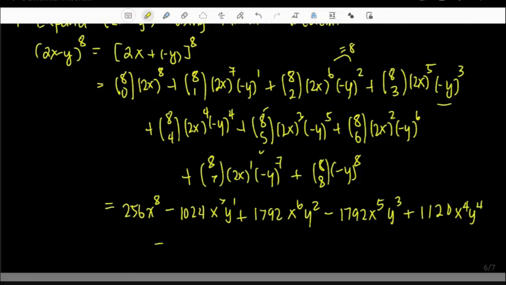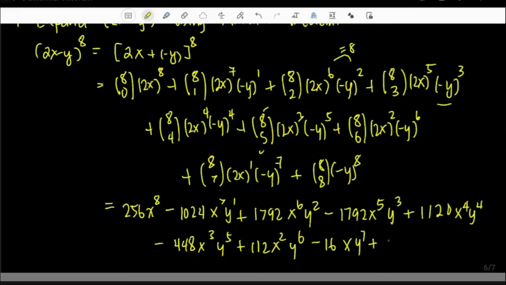So we have, for the next term, 448 x^3 y^5 plus 112 x^2 y^6 minus 8 taken 7. So that's just 8 times 2, 16 x y^7 plus 8 taken 8 is 1, (-1)^8. That gives us plus 1. So y^8.